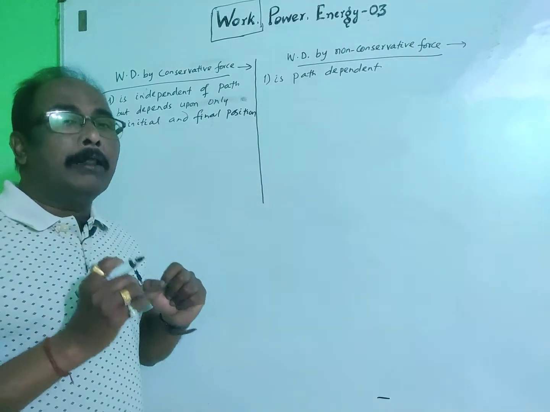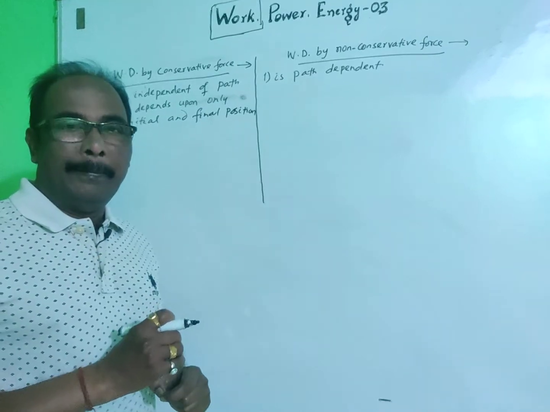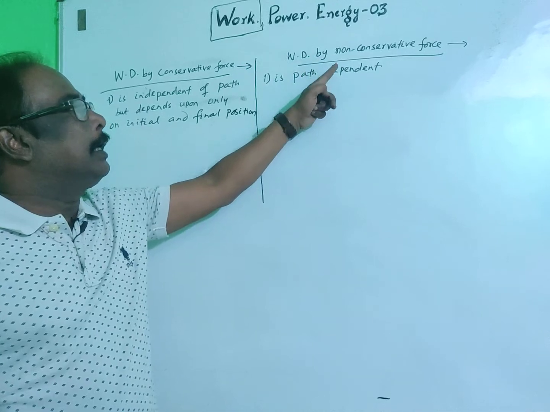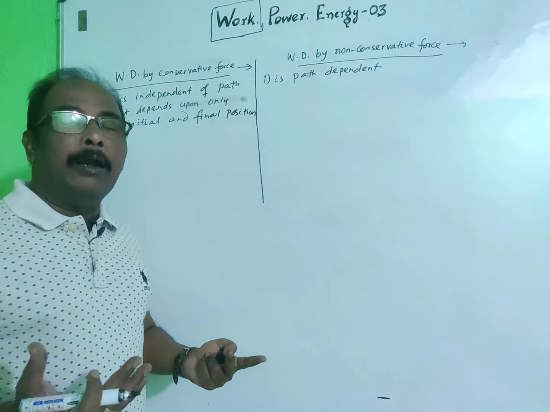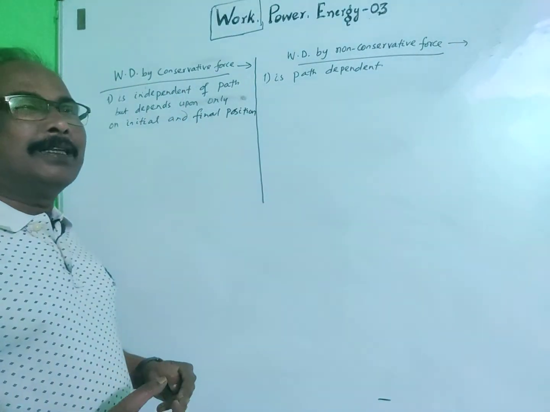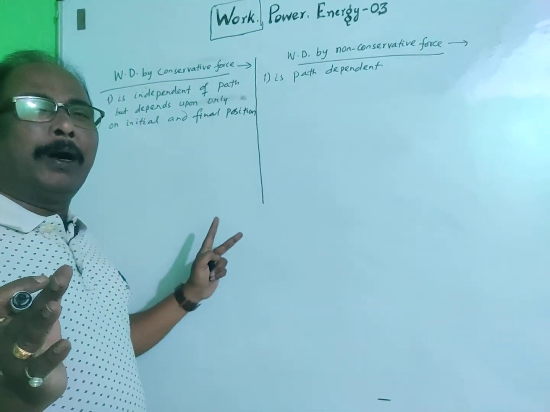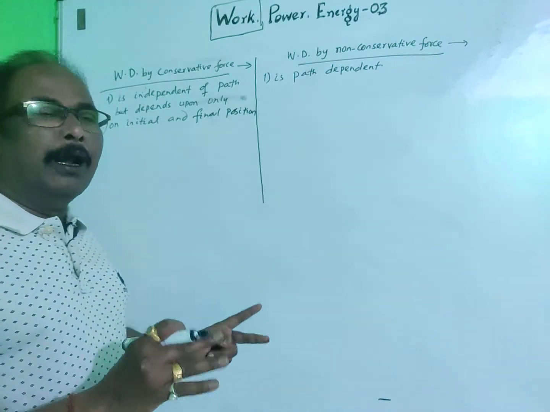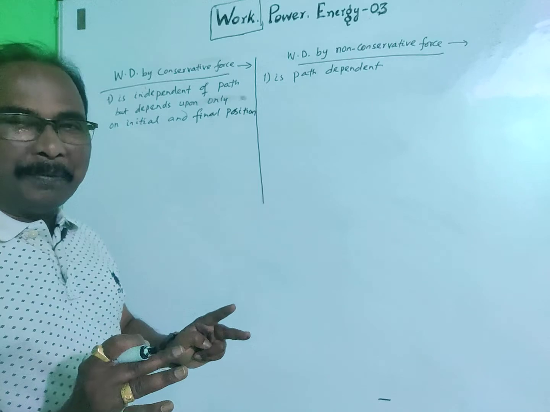Means if path length is more, then work done by non-conservative force is more and vice versa. But work done by conservative force is independent of path length, whatever be the path length. It only depends upon initial and final position.